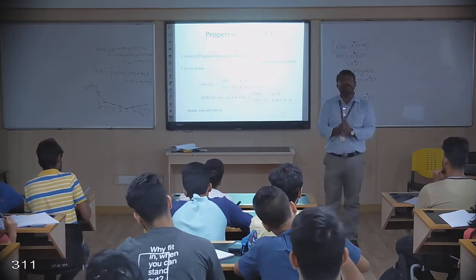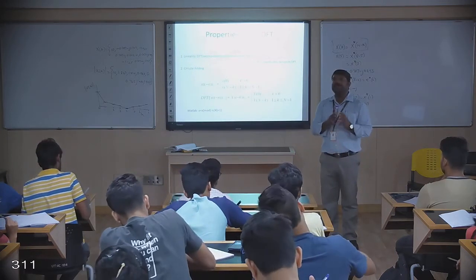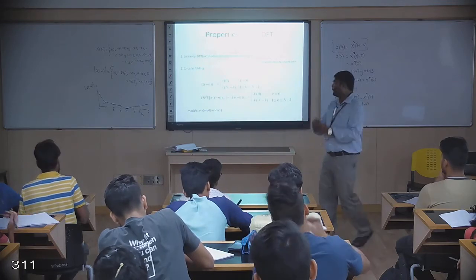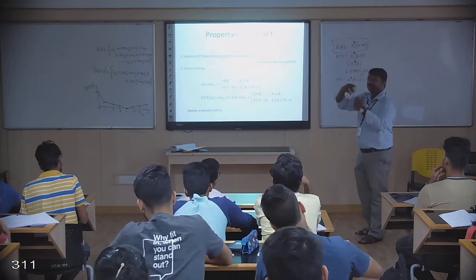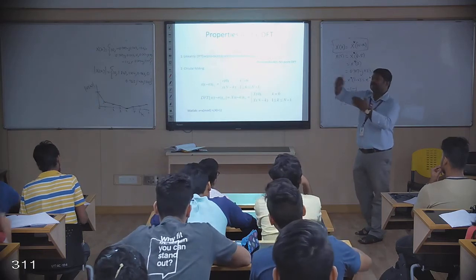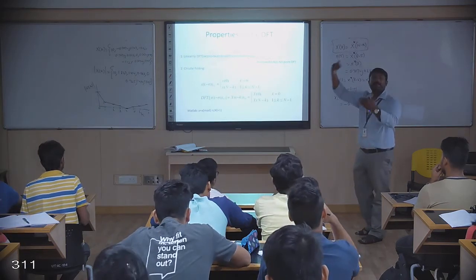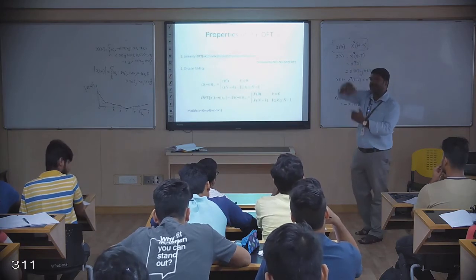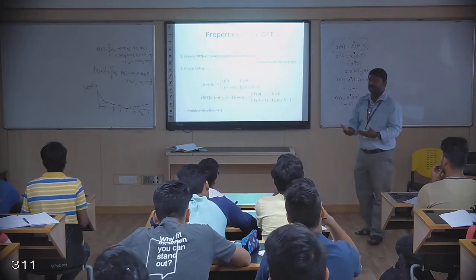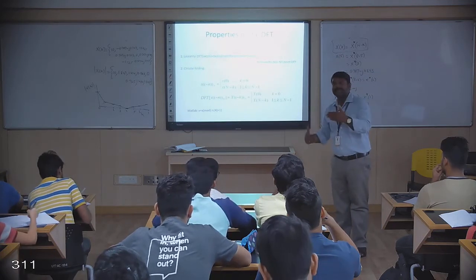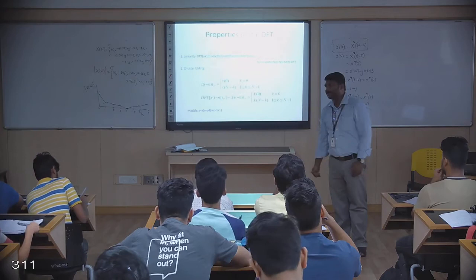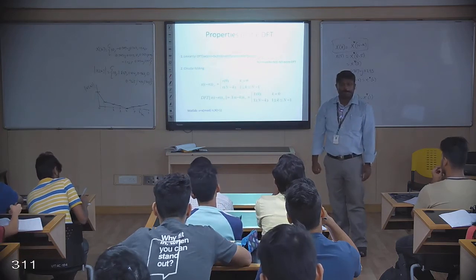The symmetric property is very important because when you are finding a DFT, the symmetric property is applicable either way. Say if you are finding x of 7, x of 6 and x of 5 first, then you can find x of 1, x of 2, x of 3 from that. But normally we do x of 0, x of 1, x of 2. So the remaining, the second part, we can find using the symmetric property.